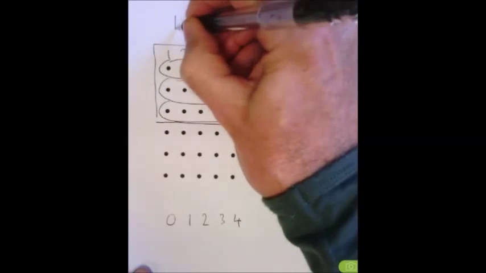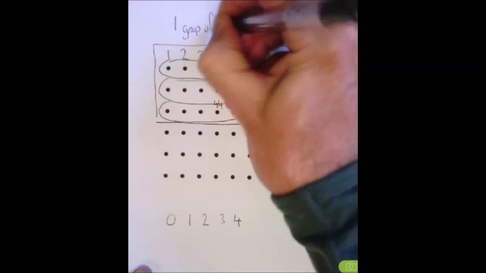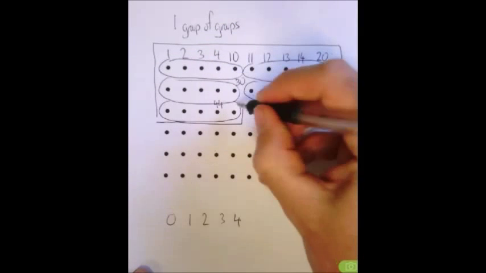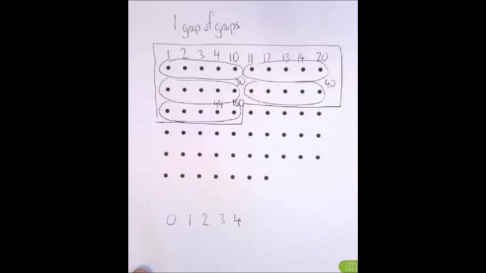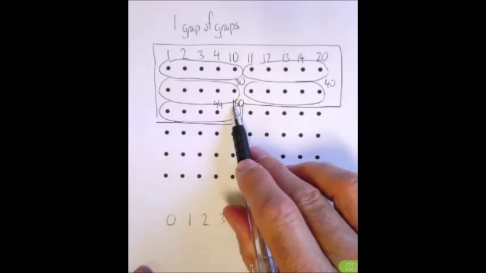So this is one group of groups, and so this number here is 100. No individual dots, no group of dots, but one group of groups of dots.